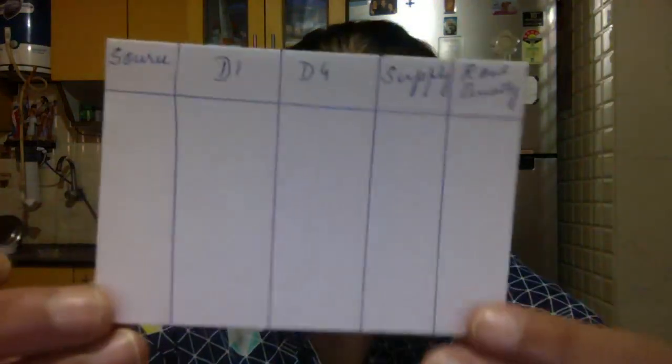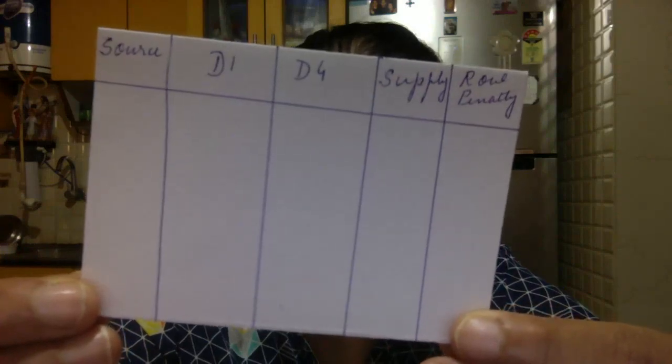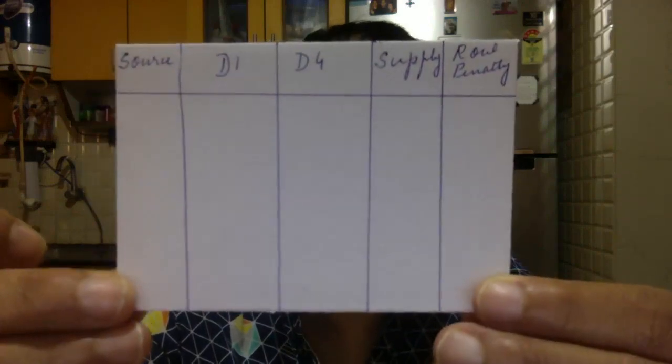The column previous to that, supply. And we have to write only 2 columns, D1 and D4. D3 has been eliminated.